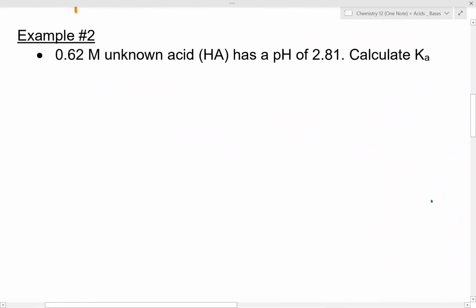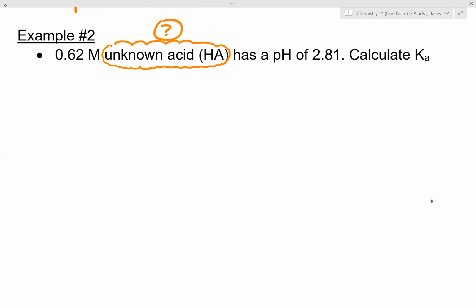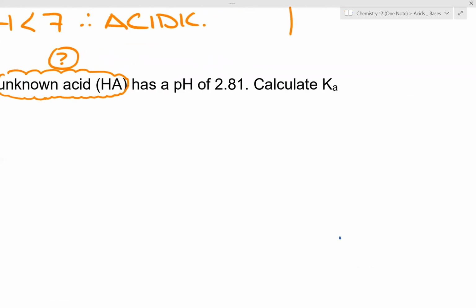Let's say, for example, it says a 0.62 molarity unknown acid has a pH of 2.81. Calculate the Ka. Now, the first thing is, this unknown acid, is it strong or weak? Okay, that's the first question you need to ask. Now, in this particular case, there's two ways to approach this question.